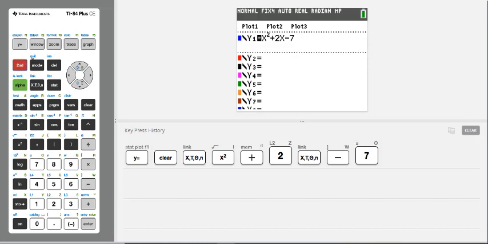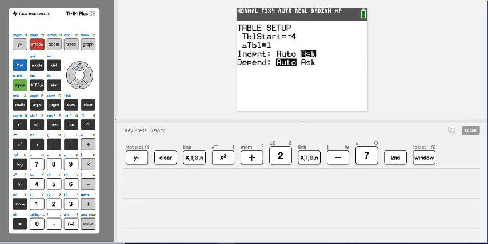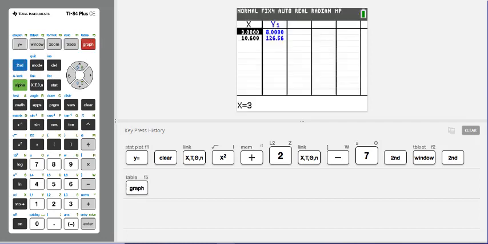Now, we're going to go to table setup. Set it to Ask, meaning when I go to my second graph, when I go to table, there's some variables already there. I can input the x values that I want and only the ones that I want, instead of populating a list like Auto would do.